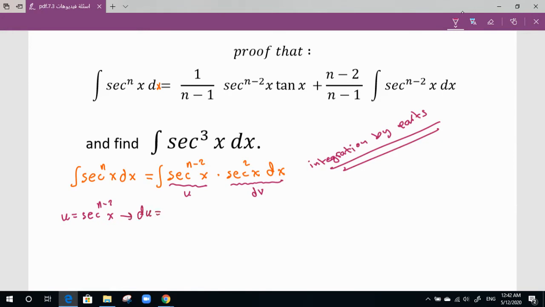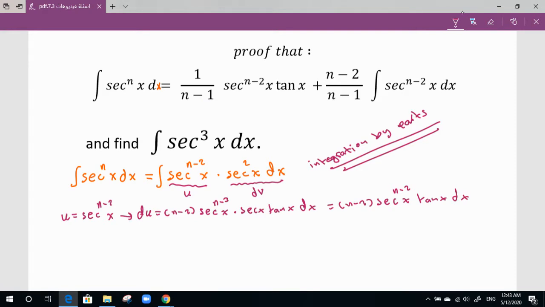That gives du, using the chain rule, equal n minus 2 secant to the power n minus 3 times the derivative of secant, which is secant x tan x dx, which equals n minus 2 secant to the power n minus 3 times secant, so secant to the power n minus 2 times tan x dx.